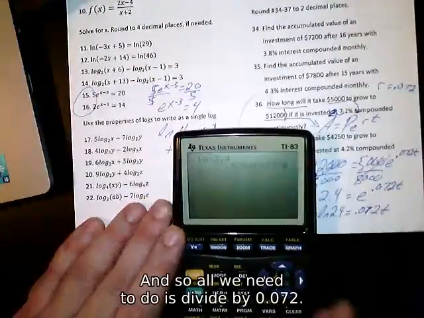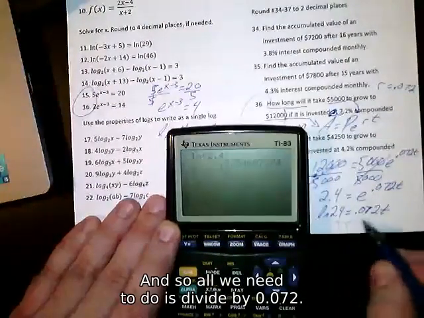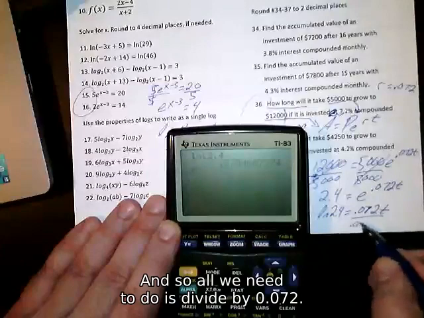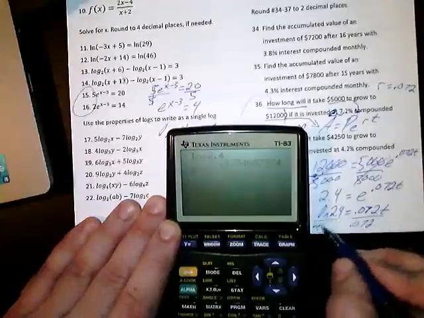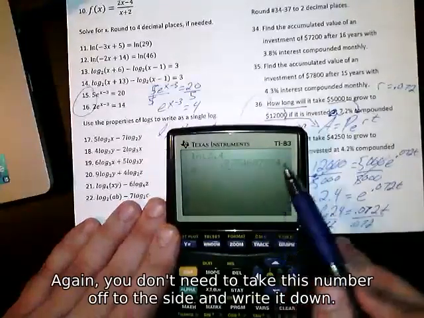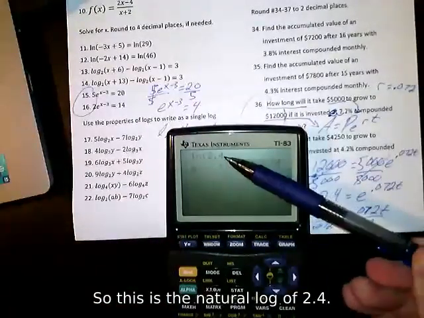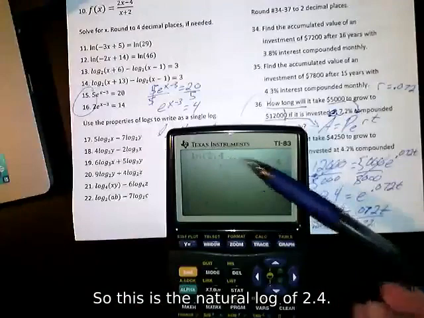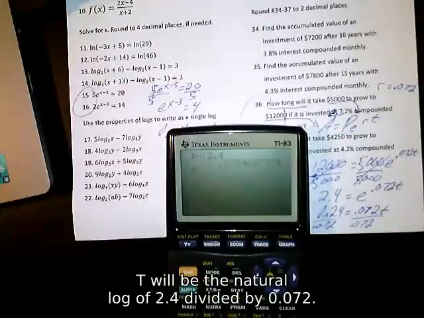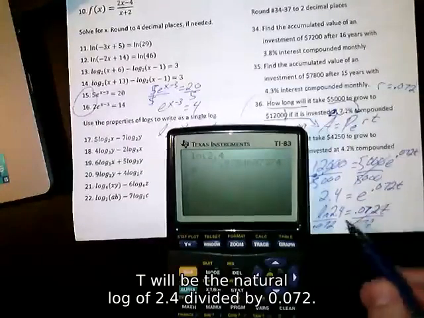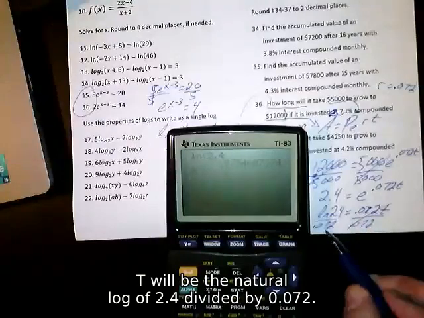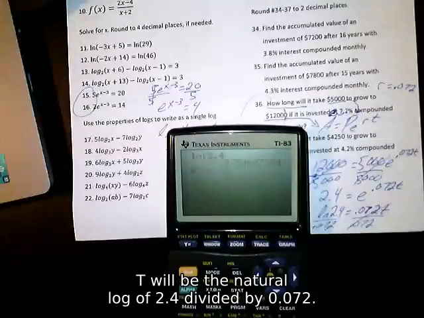And so all we need to do is divide by 0.072. Again, you don't need to take this number off to the side and write it down. This is the natural log of 2.4. t will be the natural log of 2.4 divided by 0.072.